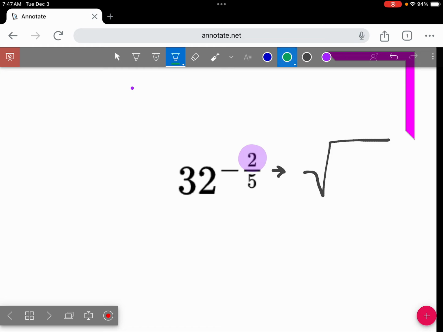It's going to be the 5. I was going to ask, which one should we put the negative with? The power. We're going to take that negative with the power, because a negative power we've seen before. I can't do it like a negative root. That's just icky. So our index is going to be 5. Our index will always be a positive number. And then we have our 32 to the negative 2.